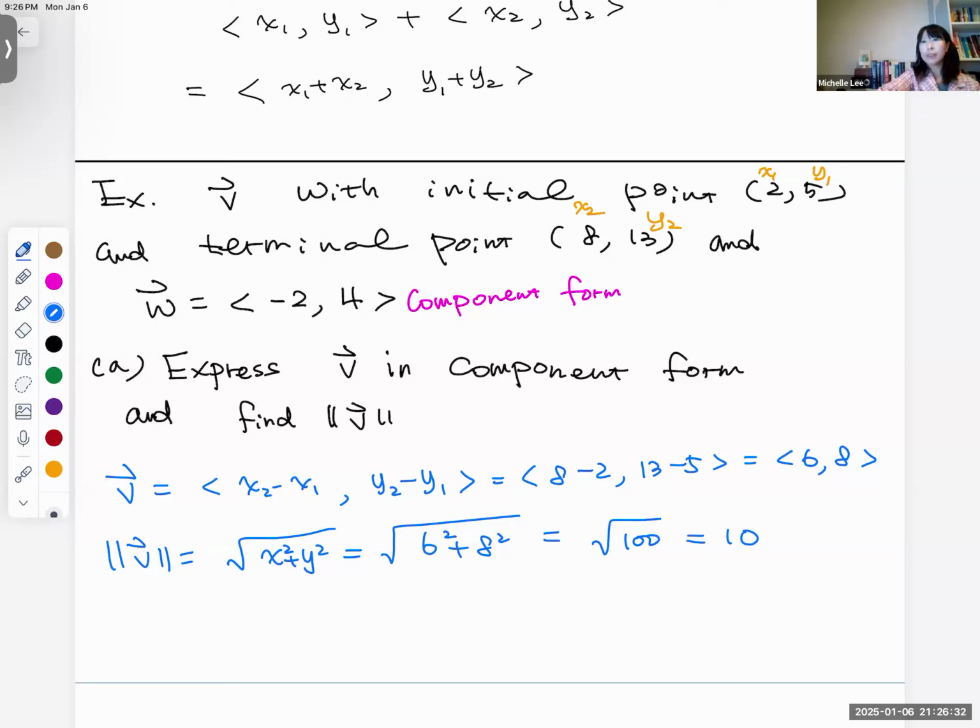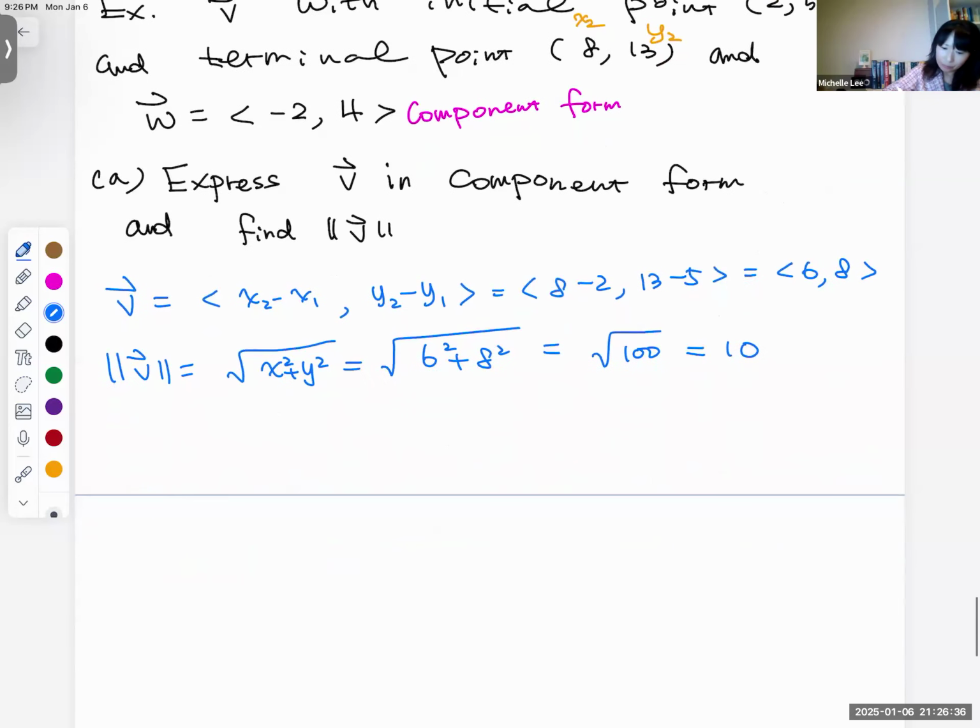Okay, second part. We want to add vectors v and w.